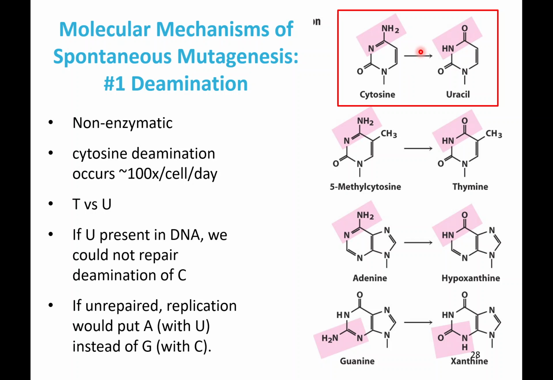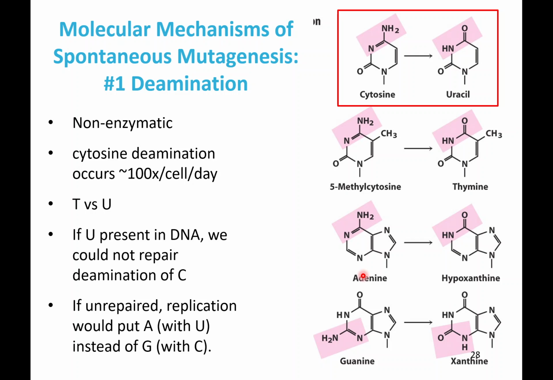So if you had that in cytosine, this amine group, if we replace that with a carbonyl group, now that's uracil. So deamination of cytosine will lead to uracil. Okay, 5-methylcytosine is one of those uncommon bases we talked about, where the 5 position is methylated. If you have the deamination of 5-methylcytosine, that gives you 5-methyl-uracil, which is just thymine.